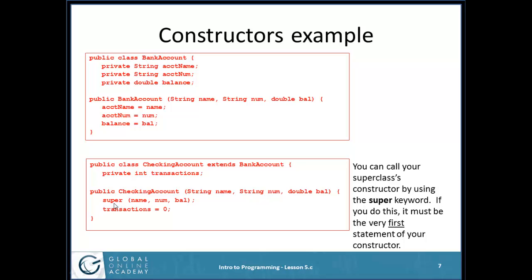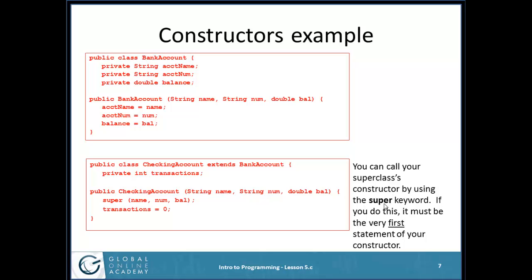I just use the word super and the parameters for the constructor. So it's going to go up here and say, oh, name, number, and balance, I'll put them in these variables. Now it returns, and I take care of the rest of my initializing. I'll initialize transactions. You can call your superclass's constructor by using the super keyword.